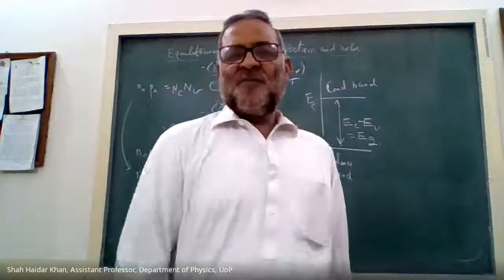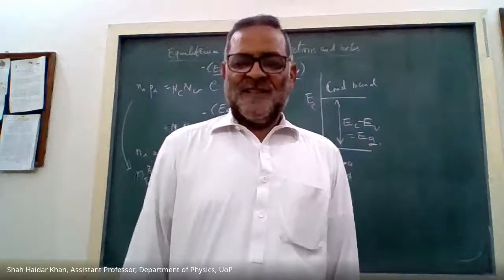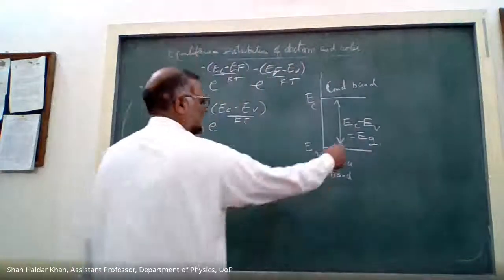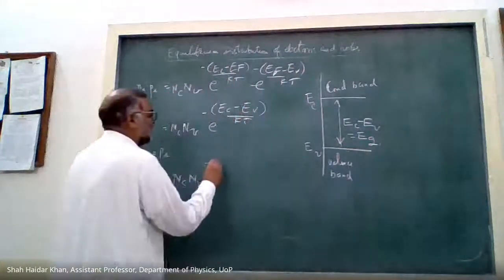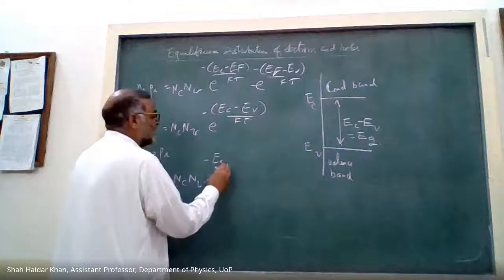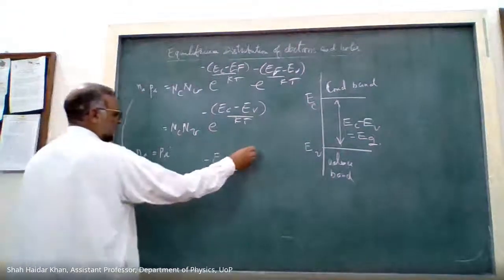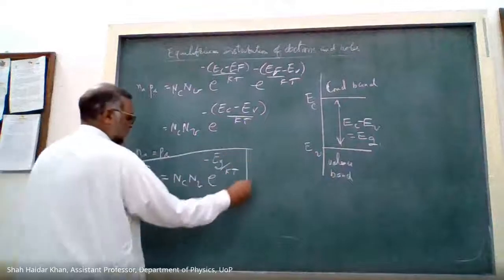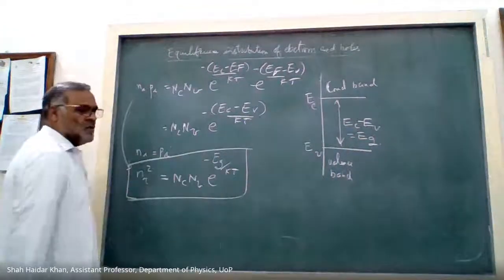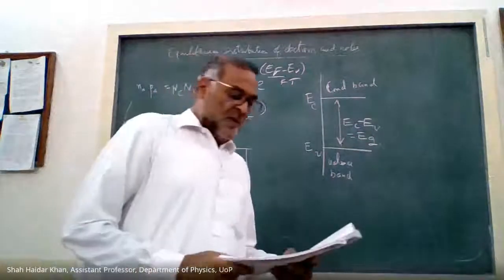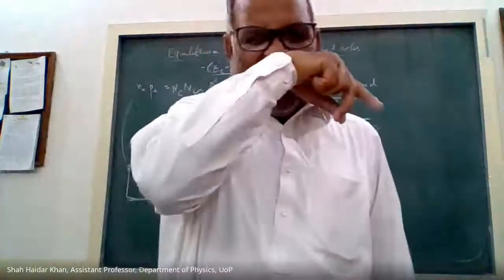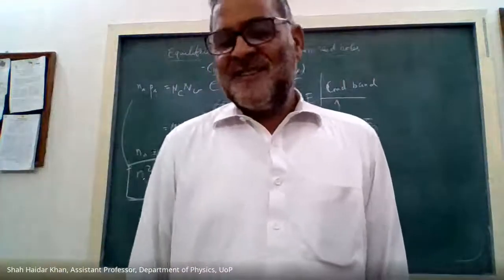That is the band gap energy. So we call it Eg, divided by KT, Eg. Right? So that is an important equation, and we can find the intrinsic carrier concentration from here.